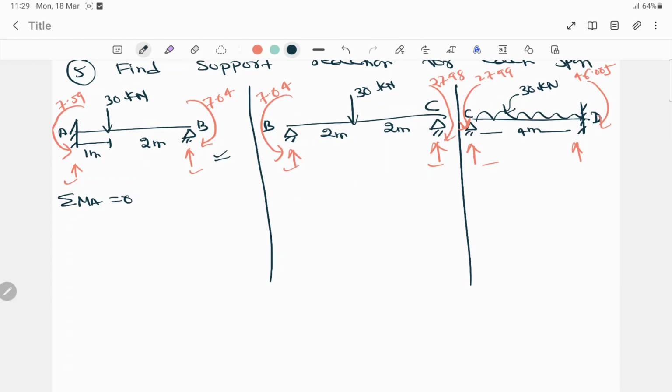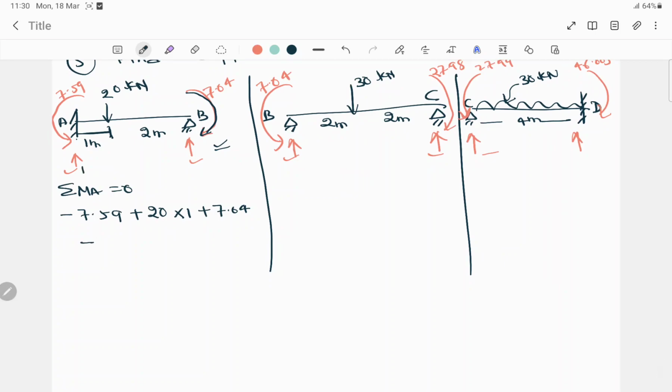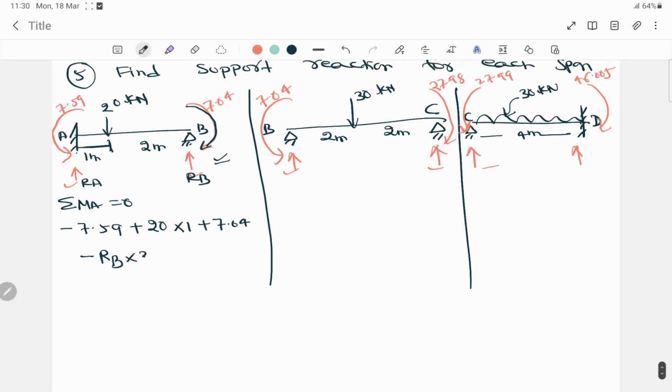Minus 7.59, it's an anti-clockwise direction, so it will be minus 7.59, plus 20, downward direction so plus, into distance 1 to reach A. Again plus 7.04, this is clockwise direction so the sign will be positive, minus RB into the total distance 3, is equal to 0.